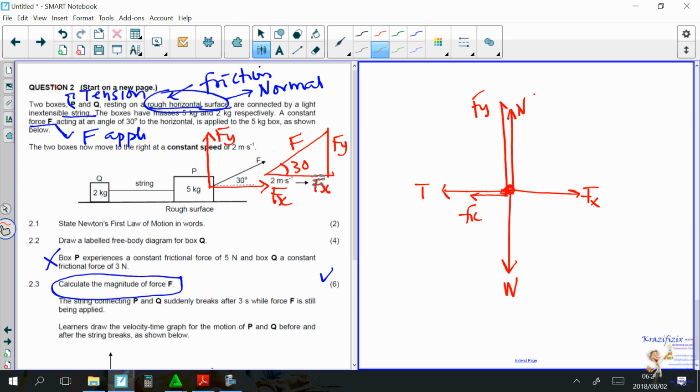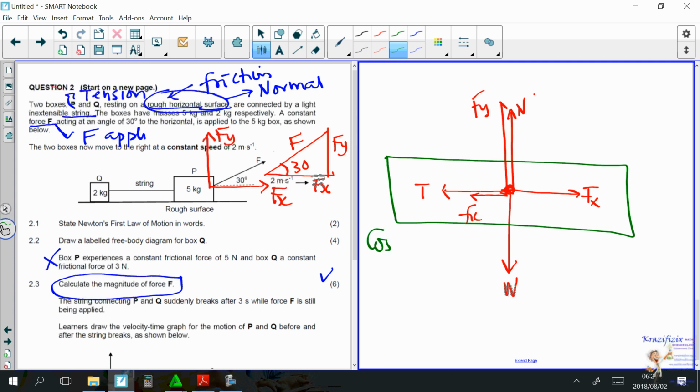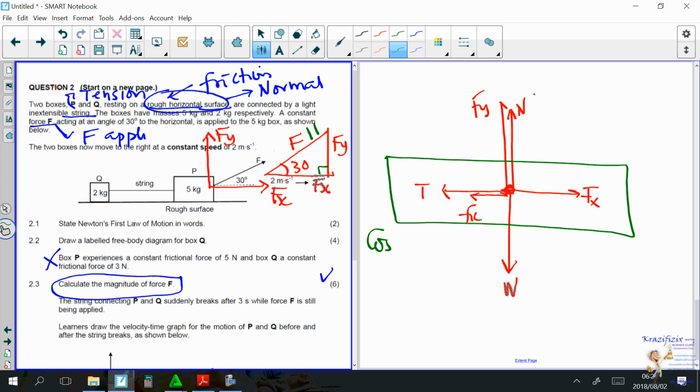All right. So what is my Fx? Because the object again is moving horizontally. Let's use our trig ratio here. What is cos 30 going to be? Why am I using cos? Guys, I know this as my hypotenuse. I'm looking for this, which is the adjacent. Remember, this is opposite.